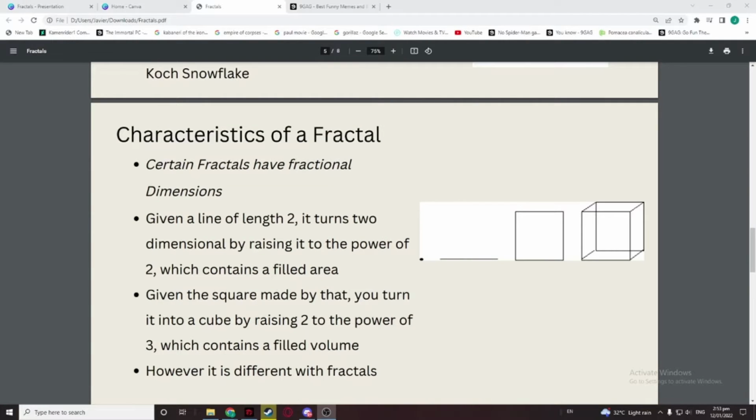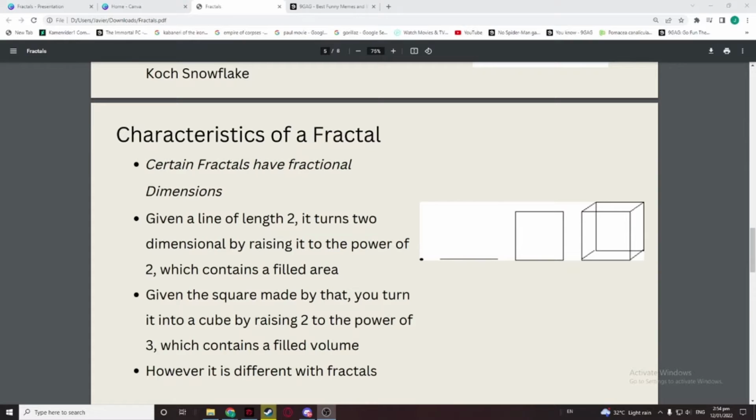Another characteristic of a fractal is that it has fractional dimensions. When thinking of typical dimensions, we think of whole numbers like the first dimension, second dimension, third dimension, and so forth, wherein the first represents lines, the second represents shapes, and the third represents three-dimensional shapes such as cubes.